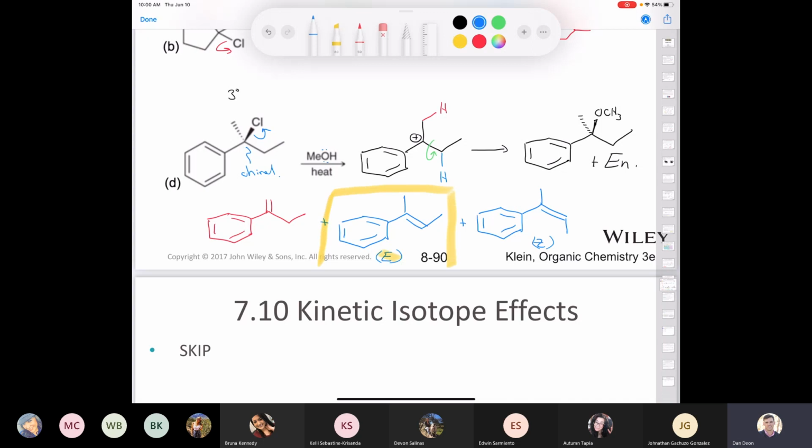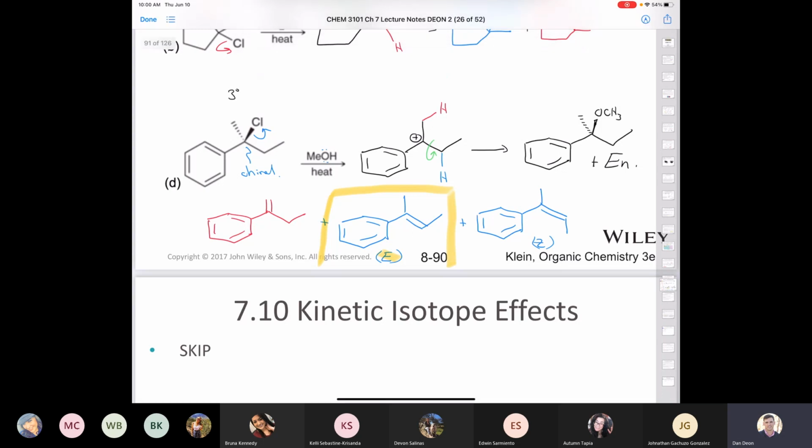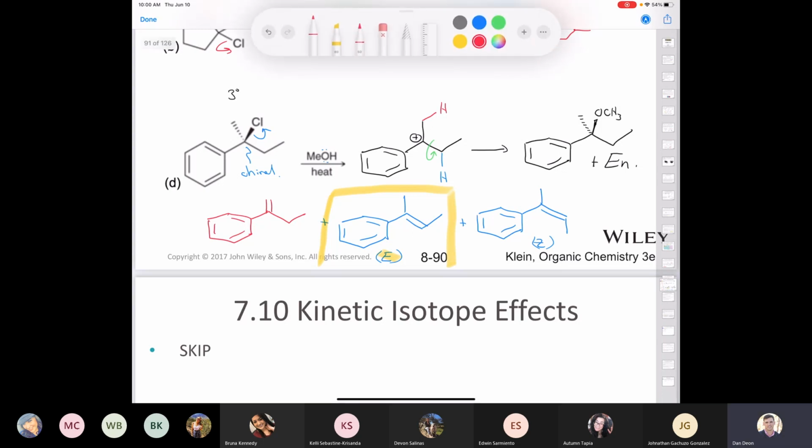Why? Because it's going to be less sterically hindered. I've got my big old phenyl group next to the hydrogen, whereas here it's next to a methyl, so it's more sterically hindered, and that's the reason why. So this would be your major product.